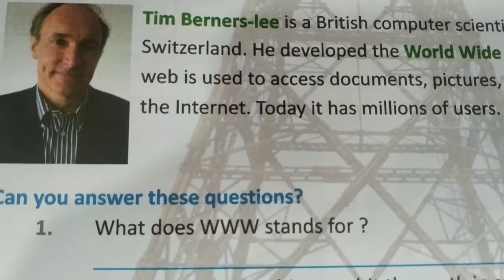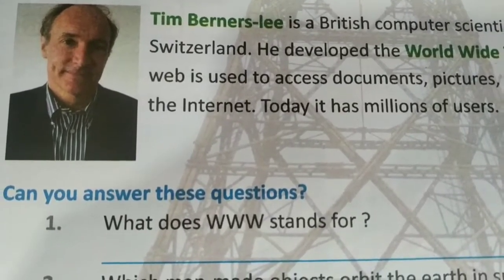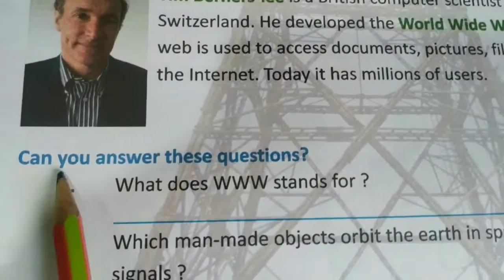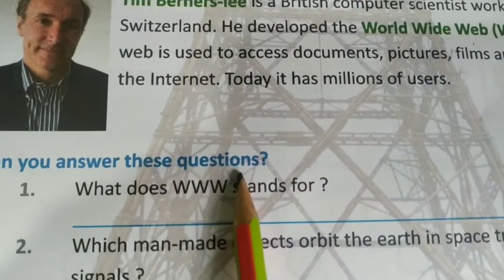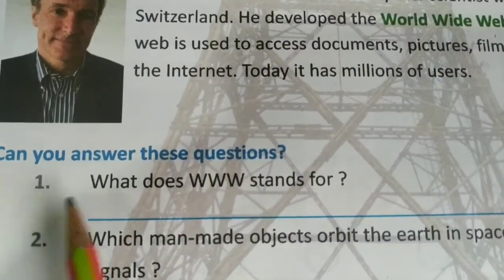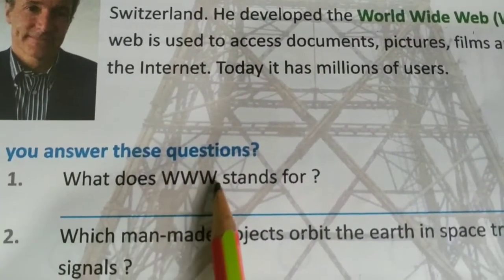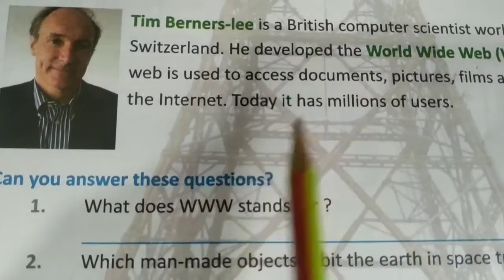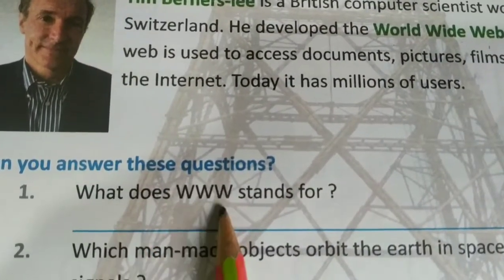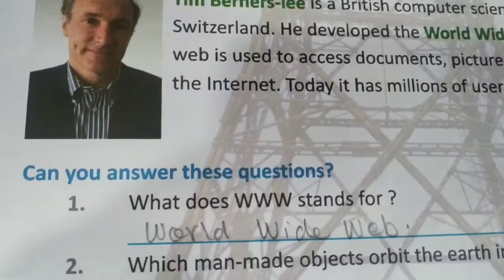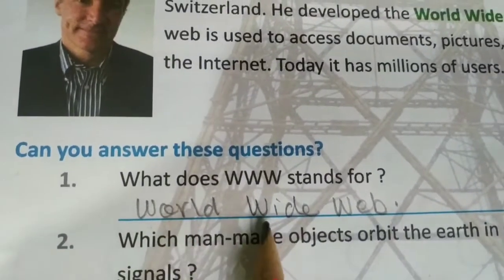You must have done it in your computer class, right? Now let us see, can you answer these questions? Number 1. What does WWW stand for? Just now we read, you can write the words here. World Wide Web.